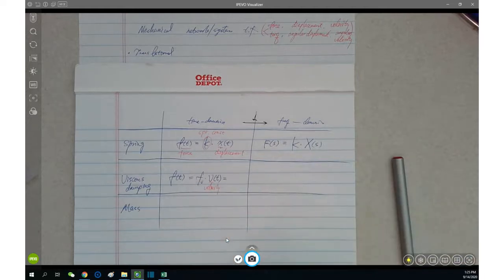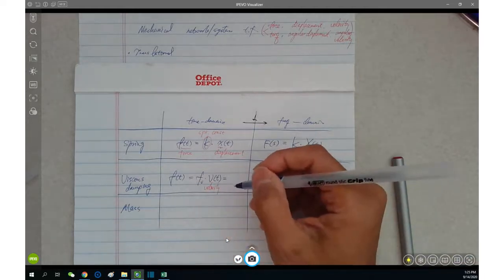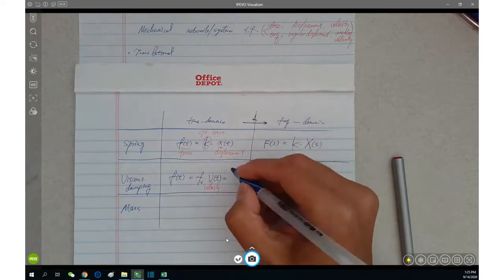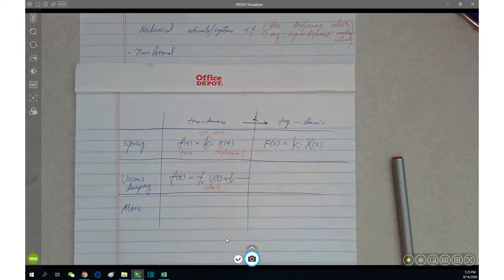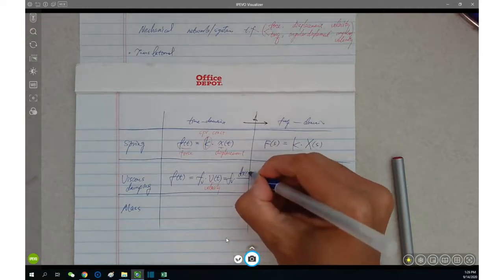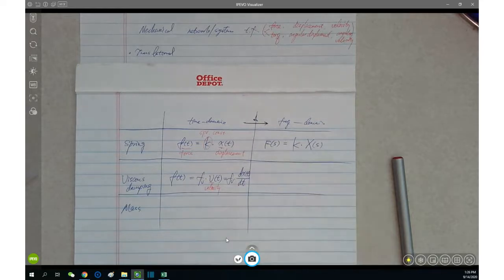And further, you link the velocity with the displacement. Velocity equals what in terms of displacement? This is very basic physics. What's the relationship? Derivative. Good. The derivative of the displacement equals velocity.